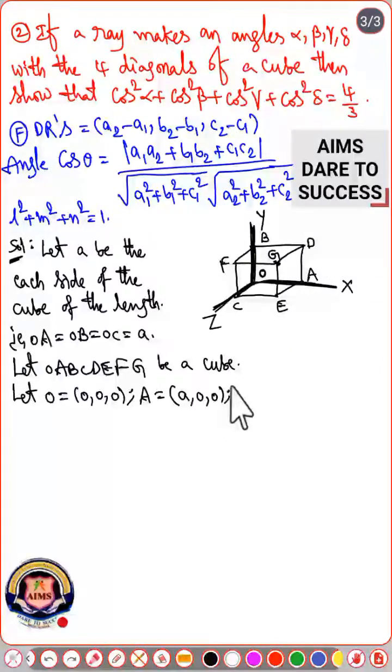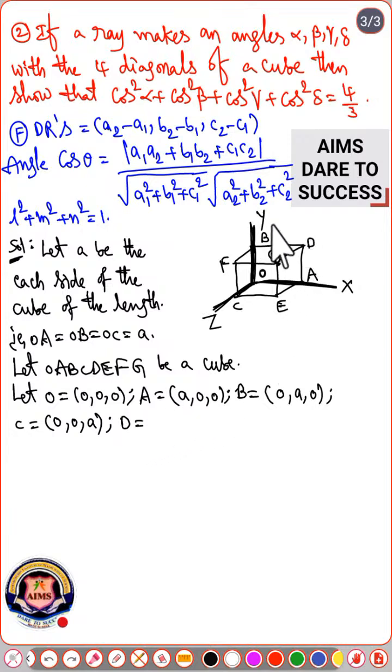And next, B is on the y-axis, so the y value is a, remaining x and z are equal to 0. Next, C lies on the z-axis, so x value 0, y value 0, z value a.